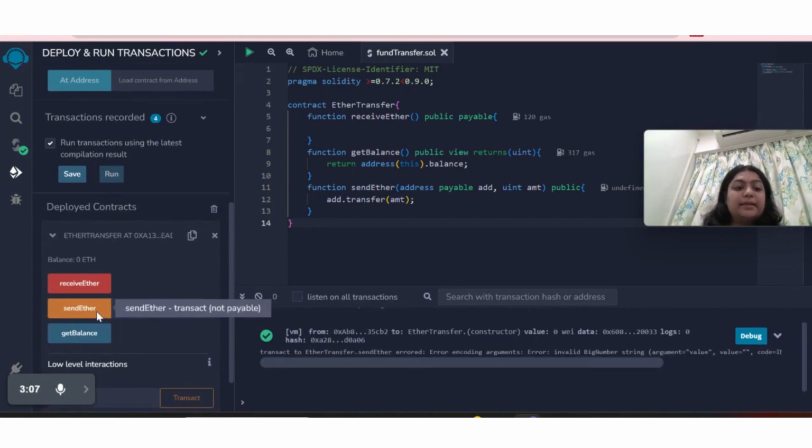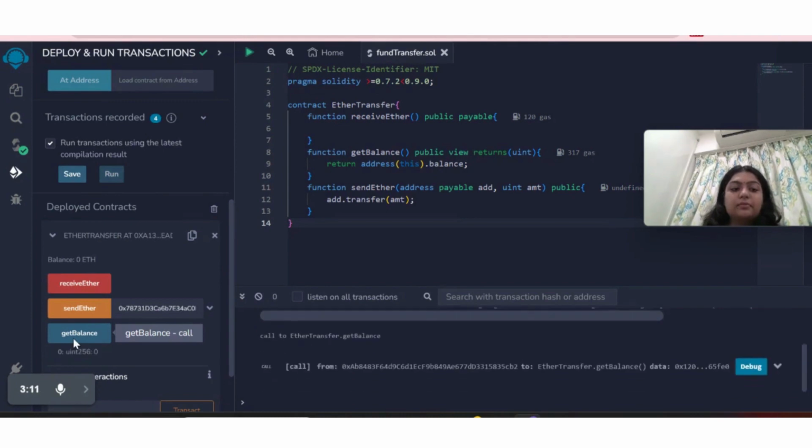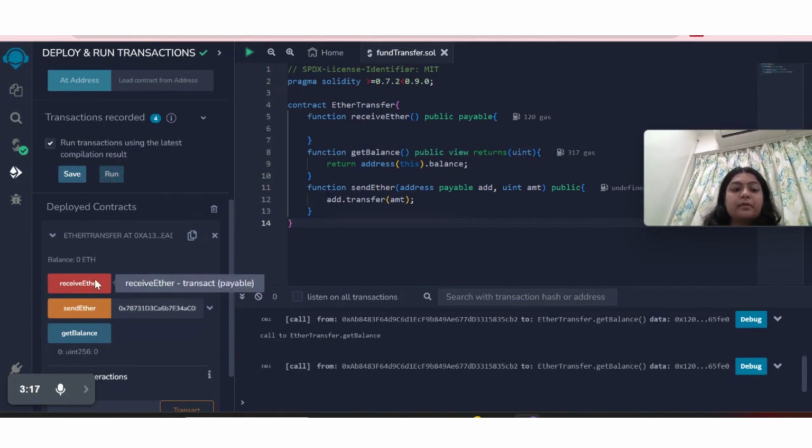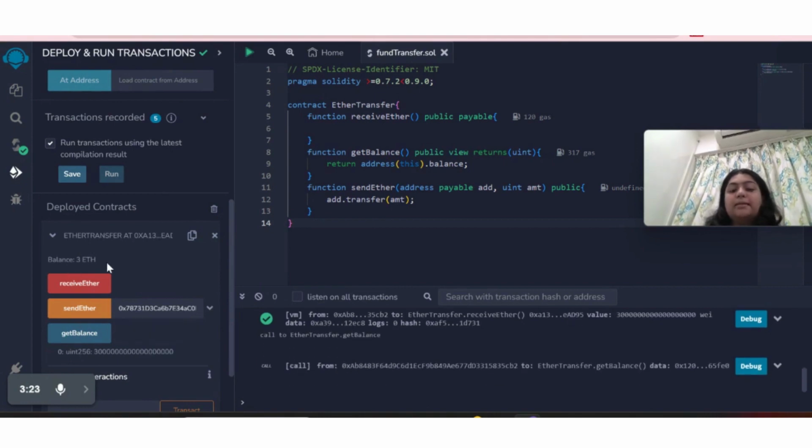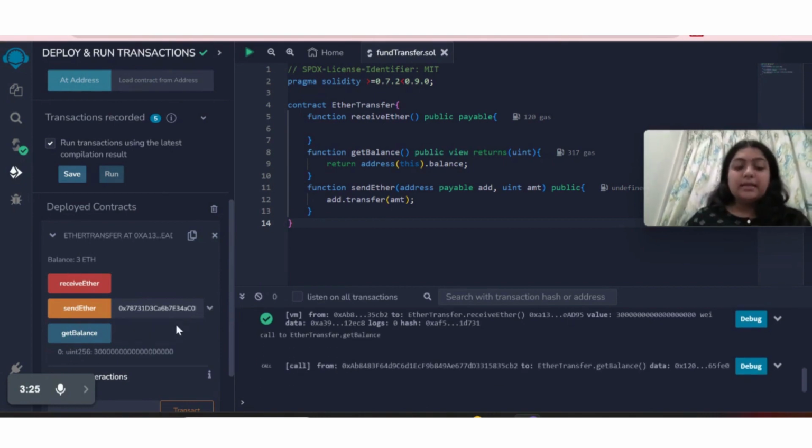So I'm sending the ether now. The ether send is successful. Call. Now if you can see, we have received 3 ethers. Now let us get the balance. The balance has been updated to 3 ethers.